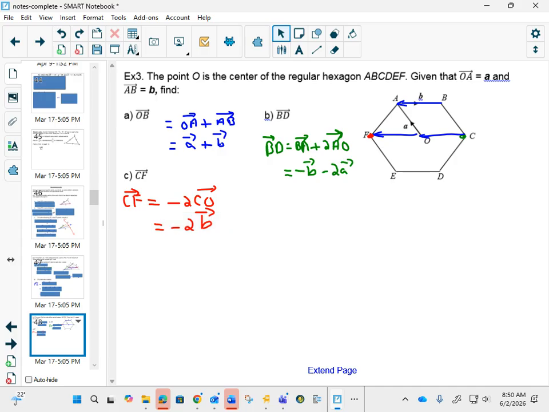And both of those are negative B's. Would it just be 2CO? Oh yeah, positive 2CO. Thank you. And C to O is the opposite direction of A to B, and they're parallel, and they're the same length, so they're equal vectors.